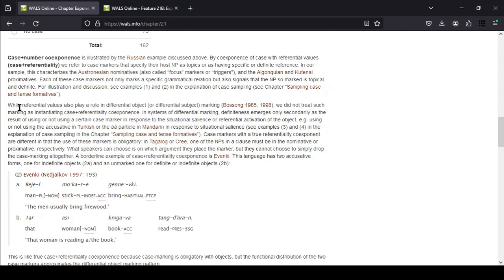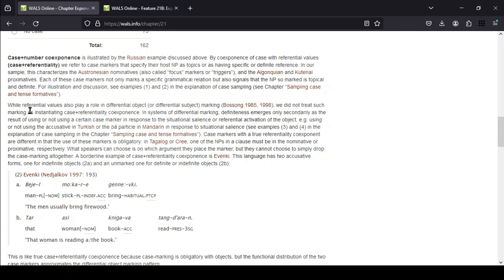While referential values also play a role in differential object or differential subject marking, we did not treat such markings as instantiating case plus referentiality coexponence. In systems of differential marking, definiteness emerges only secondarily as resulting of using or not using a certain case marker in response to the situational salience or referential action of the object. For example, using or not using the accusative in Turkish or the ba particle in Mandarin in response to situational salience. Case markers with the true referentiality coexponent are different in that the use of the markers is obligatory.